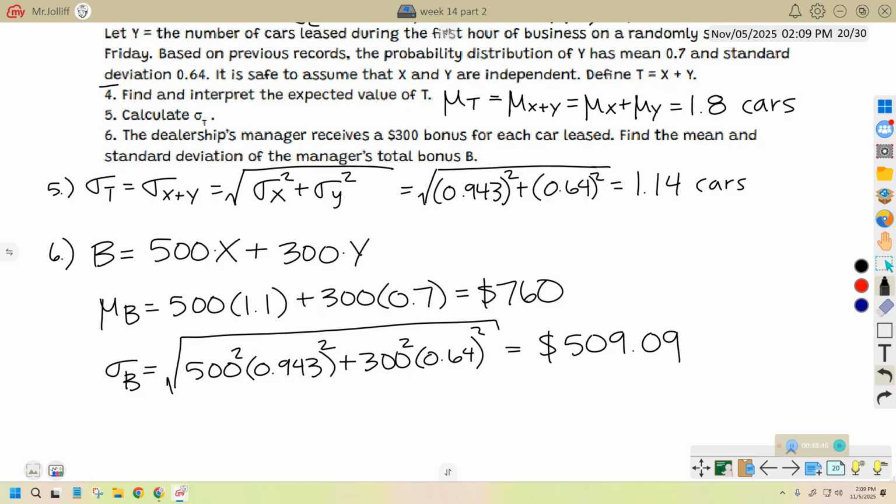So, the big question is, is that on here, because this is your friend. And looking at your equation sheet, that is not on here.